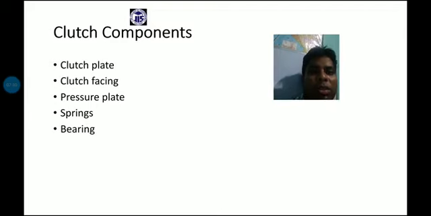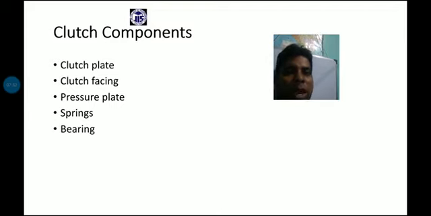Next is the clutch facing. The facing is required to create some gap, and it covers the whole clutch mechanism. So clutch facing covers the whole mechanism of the clutch system.